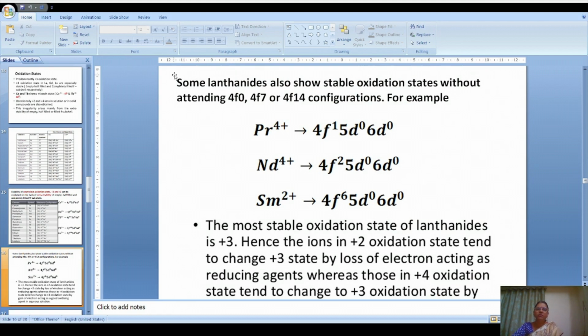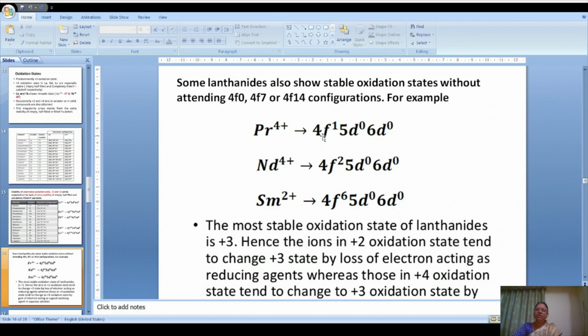Not only this, but some lanthanides also show stable oxidation states, that is +4 and +2, though they do not have a completely filled, half-filled, or empty f subcell. For example, promethium +4. Here this oxidation state is stable, though it does not have 4f0, 4f7, 4f14 configuration.